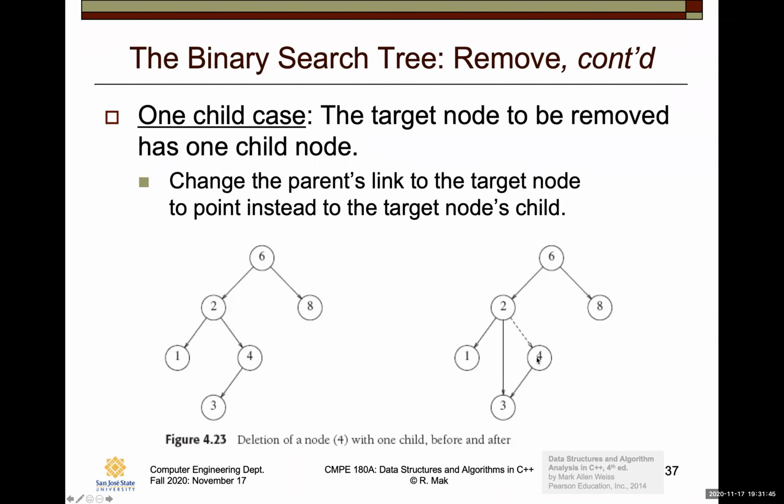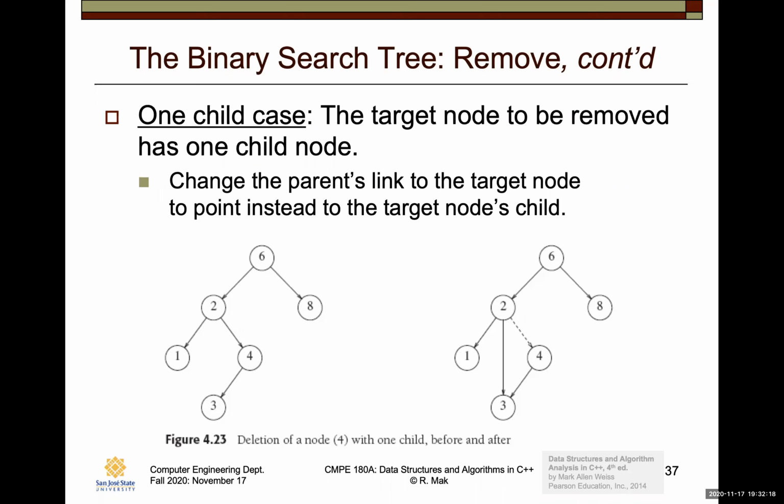Let's see, how can we say this? We're removing the 4, and the parent of 4 takes over the single child of the 4, the node that we're removing. So then the new tree will have a 3 here instead of the 4. That's what the new tree is supposed to look like. So the no child case is the simplest.